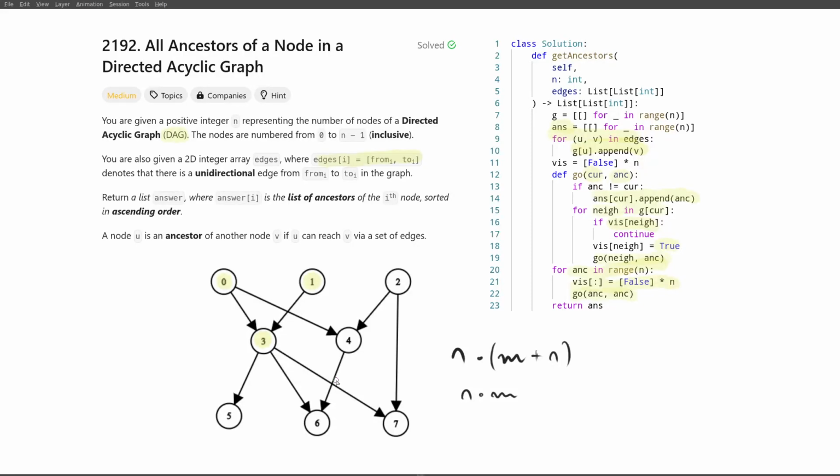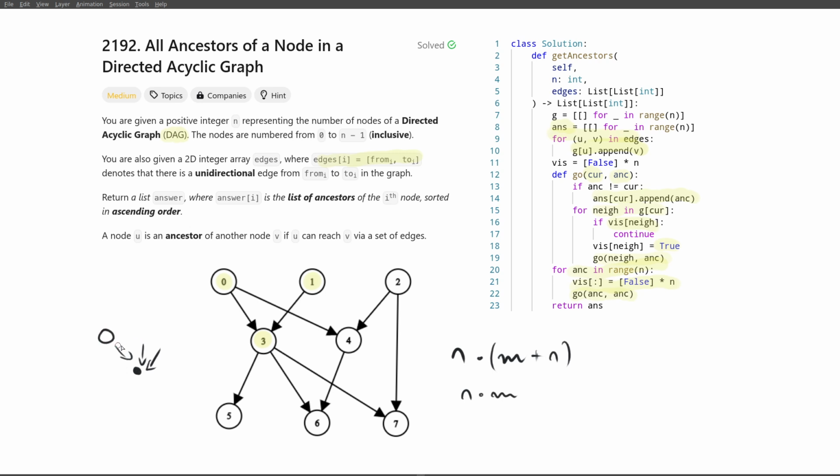And how to solve this problem without this n times m factor with topological ordering? Well, let me go through it quickly, because notice that if we have this topological ordering done, then we can be sure that when we visit a vertex, all the vertices that are before it must also be before it in topological ordering.